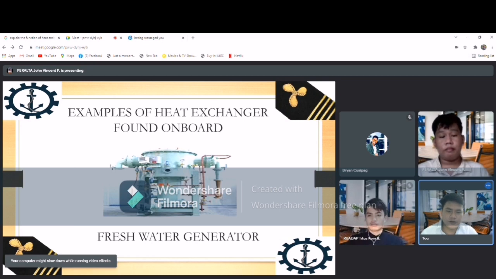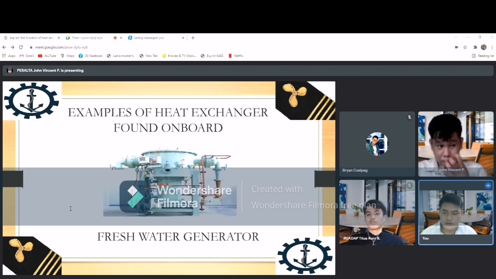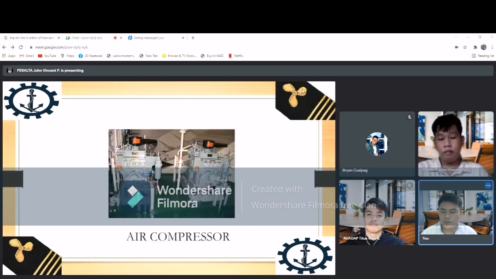The examples of heat exchangers found on board. First is the freshwater generator. In the freshwater system for generating freshwater, the seawater condenser and jacket evaporator are used, and both are types of heat exchanger. Next is the air compressor.